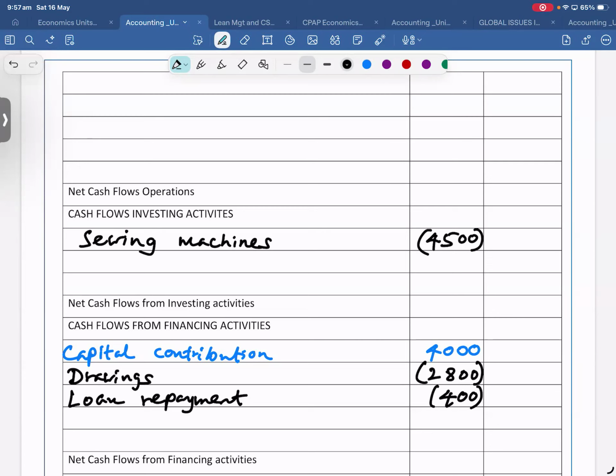We don't write the quantity. Quantity also you can write, but we always record them in dollars. So it doesn't matter because they're still balancing out. You spend $10,000 and you get $10,000 per sewing machine.